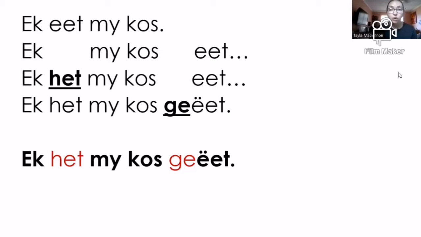Right? What we are going to be doing today is we are going to be working out of your Stap vir Stap Afrikaans book. You are going to go to bladsy 32, verlede tyd. Jy kan skryf die datum. Die datum vandag is die 25 van April.